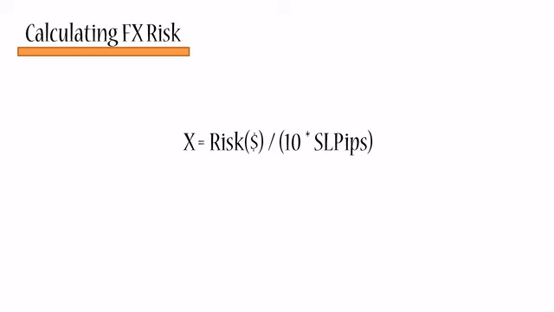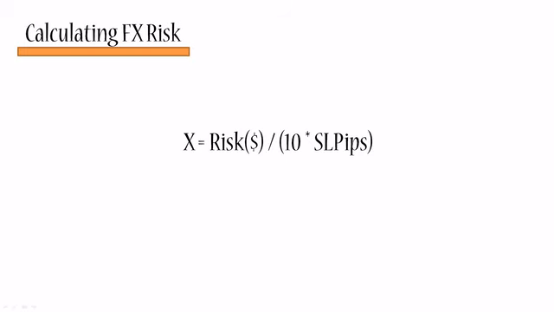Alright, so now to calculate the volume of lots that we want to trade in this particular instance, we've got to take the risk in dollar terms, so the amount of money that we're prepared to lose on this one particular trade, and divide it by 10 times the number of pips in the stop loss.